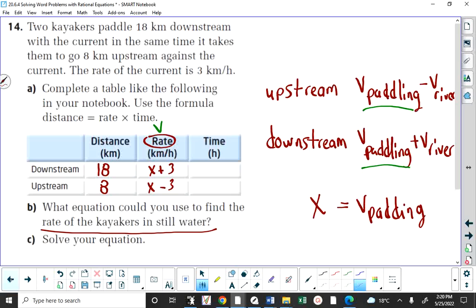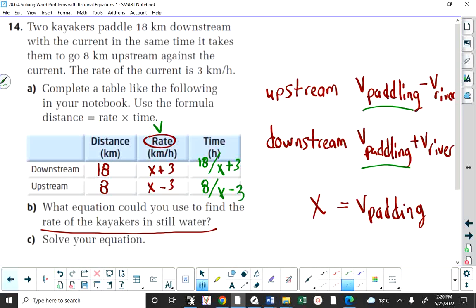It doesn't matter. Although if you go on and take calculus, we use S for distance, which is a weird thing. Anyway, this time will be distance divided by speed. This time will be distance divided by speed.